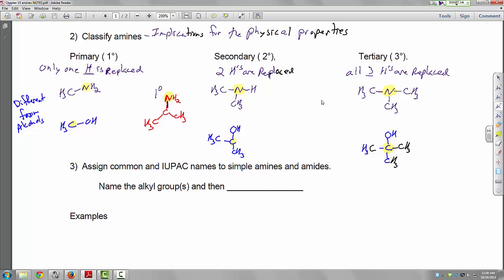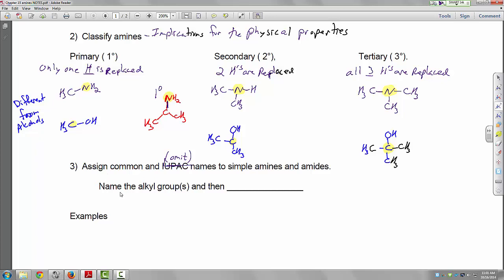Okay, so naming these guys. There's a couple different ways to name them. There's IUPAC names. I'm going to omit the formal IUPAC names, and we will just focus on simple amines and amides and pretty much look at just the common names.